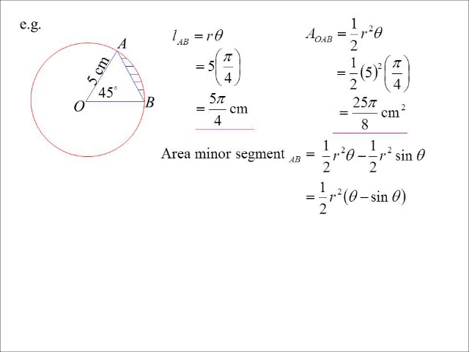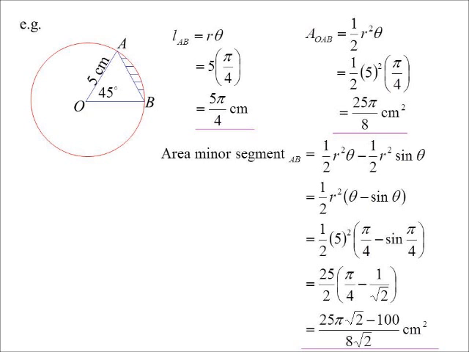So some people like to remember that formula, half r squared, then if you factorise the half r squared out, because remember the triangle, using the sine rule for the area of a triangle, half ab sine C, in this case would be half radius times radius sine theta. So you get a common factor of a half r squared, and you get theta minus sine theta. So some people like to remember that formula. I tend to just think of, oh yeah, okay, area of the sector minus area of the triangle.